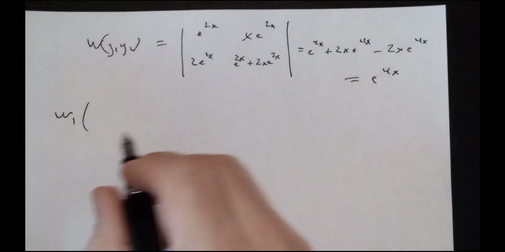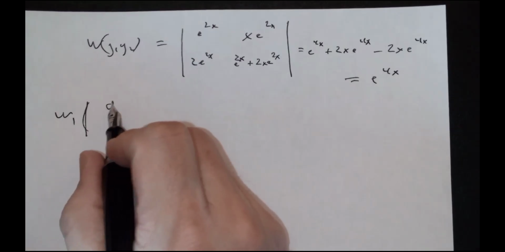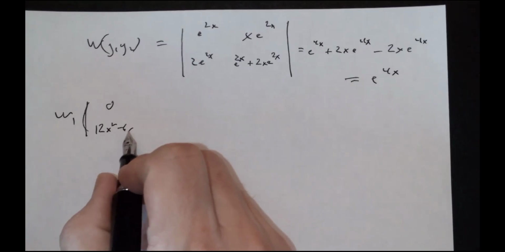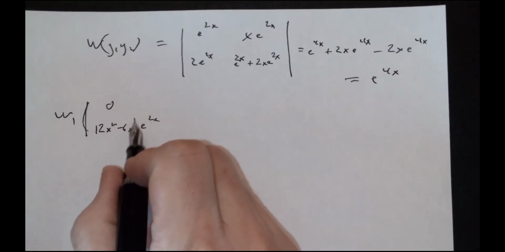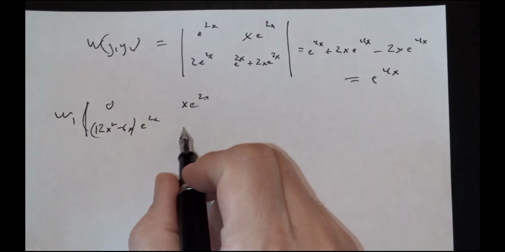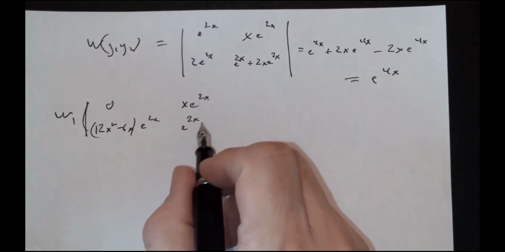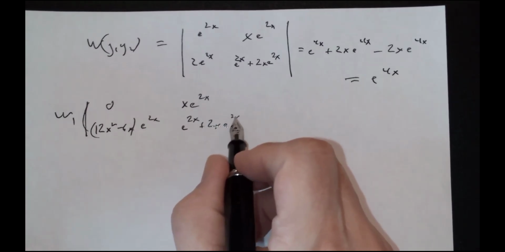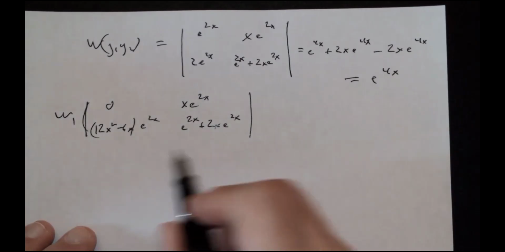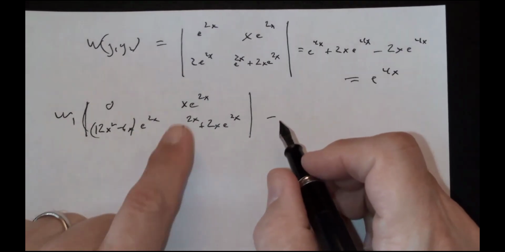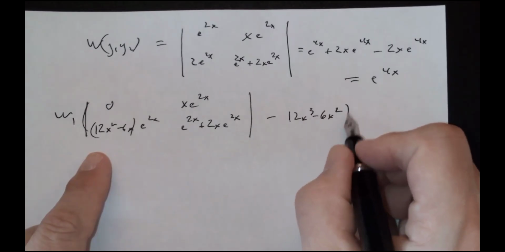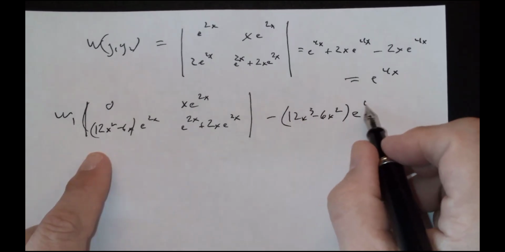W1 replaces the first column with a 0 on top and this disgusting thing on the bottom, right? 0 minus (12x squared minus 6x) e to the 2x, times x e to the 2x.